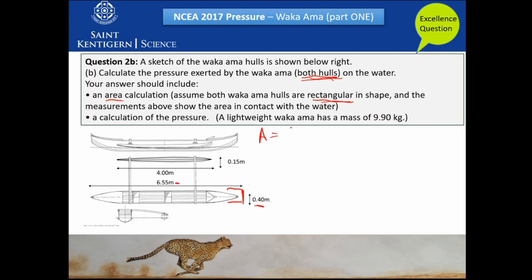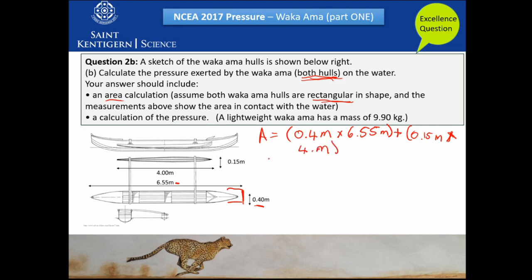So it is 0.4 meters multiplied by 6.55 meters plus the outrigger, which is 0.15 meters multiplied by 4 meters.